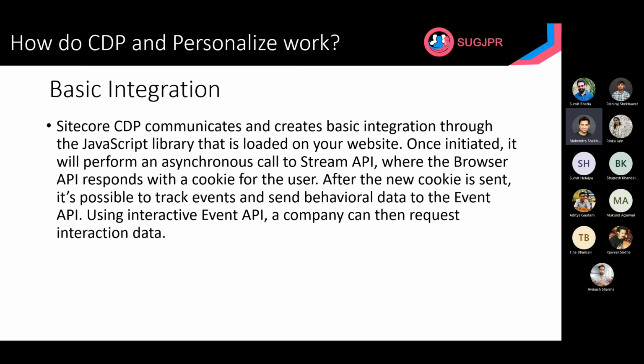Basic integration is basically nothing. You can use some kind of JavaScript library on your website. That JavaScript can capture all your API-driven things. It could be a browser API or event API, and send that behavioral or interactive data to your CDP.